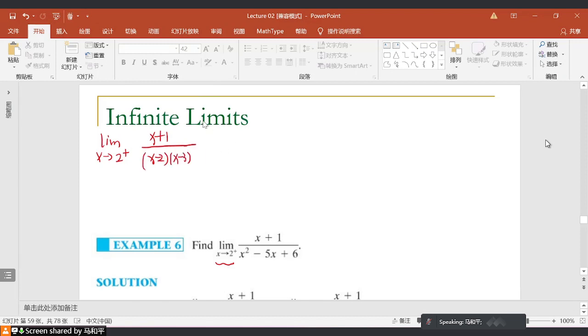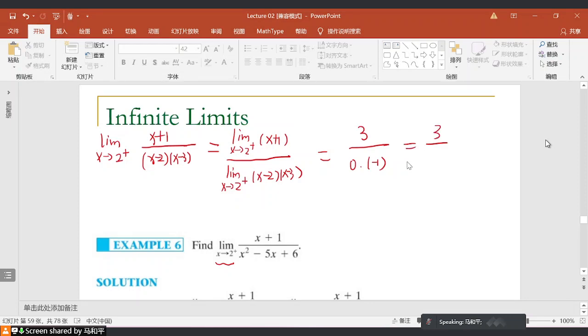And if we use the limit theorem and write like this, we find this wrong. Here is x plus 1 over 0 times minus 1, right? So this is division by 0.